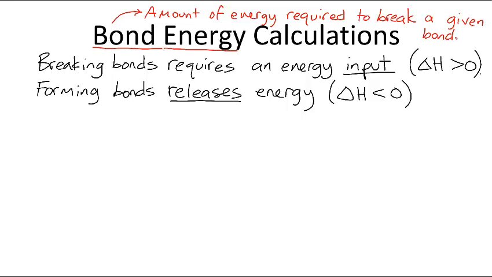So it's not necessarily manifest as kinetic energy in that case. But most of the time, this is going to be manifest by a change in kinetic energy, which is why we see a temperature change. Okay.